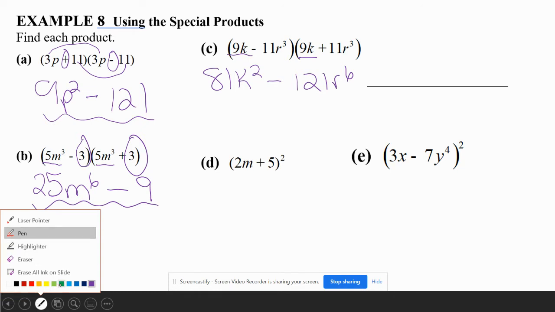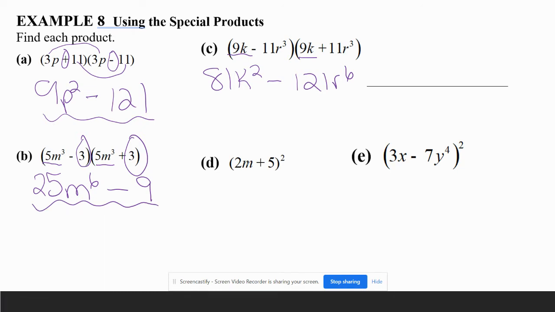For letter D, we have a square on the outside. So this is going to be the square of a binomial. If I'm using the shortcut that's listed, it says first square the first term. So 2m times 2m is 4m squared. Whatever sign this is goes next.